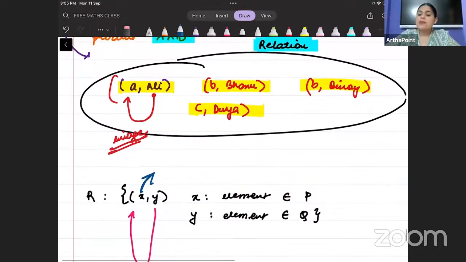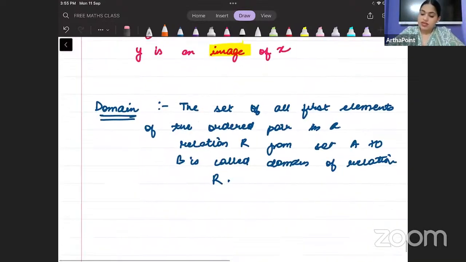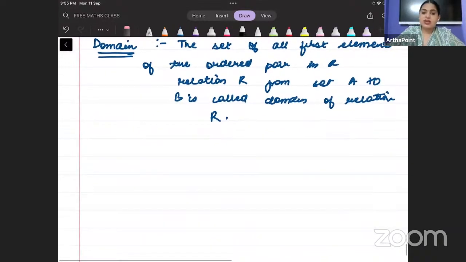Now, beta, what am I saying? I am saying that these first parts, A, B, C, are called the domain of the relation. What do we call them, beta? The domain of the relation. Is this clear? Okay, beta, next definition, please write it down.